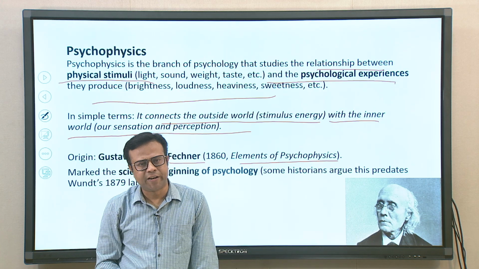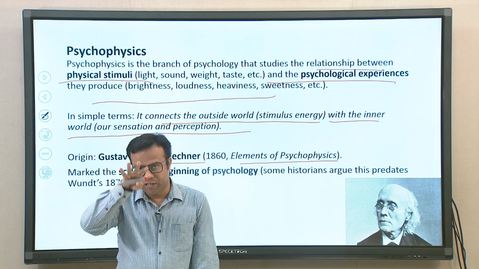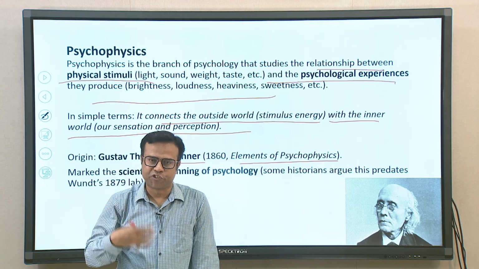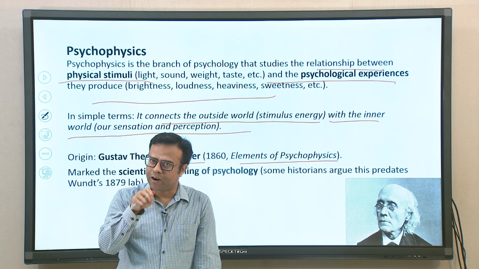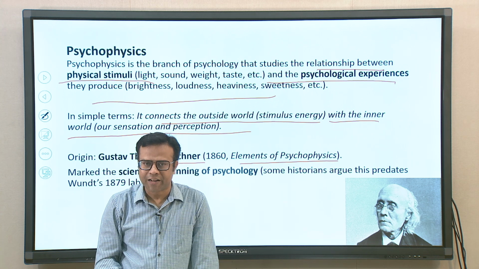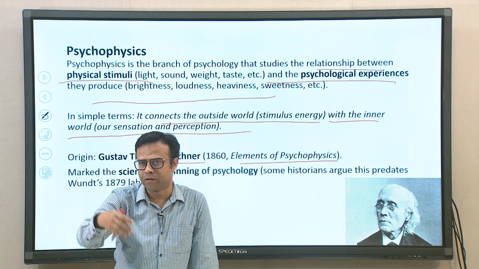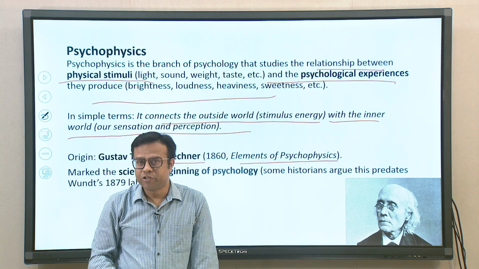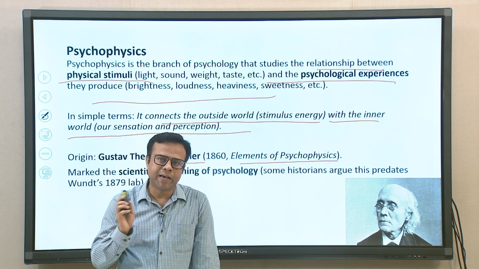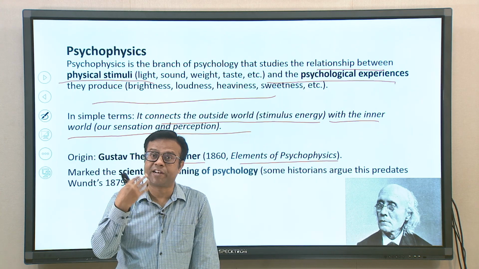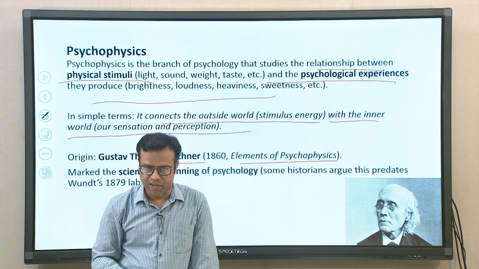But in record, Wilhelm Wundt's establishment of the first lab in 1879 is generally considered the beginning of scientific psychology. But Fechner's study actually predates Wundt's establishment of the laboratory. Anyway, he also contributed a lot in terms of scientifically studying psychological experiences.